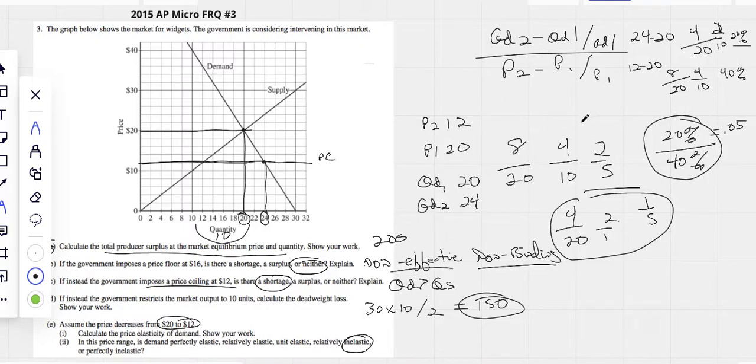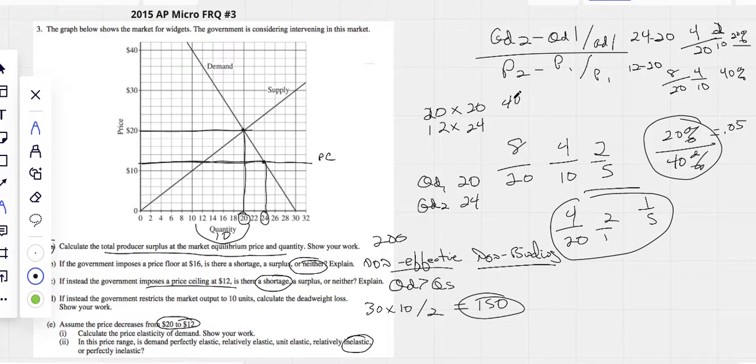We also could check ourselves if we needed to, just to do a total revenue test, right? We can see that the price went from 20 down to 12. The quantities went from 20 to 24.